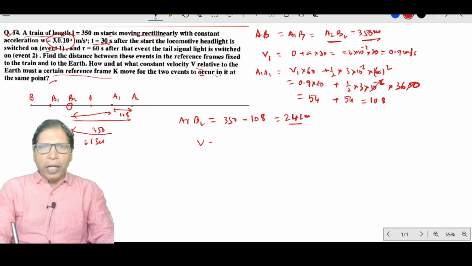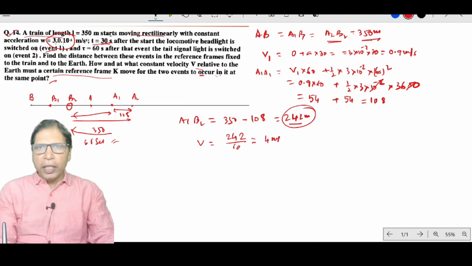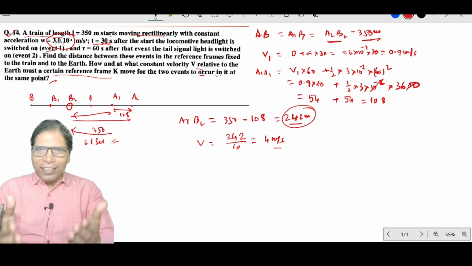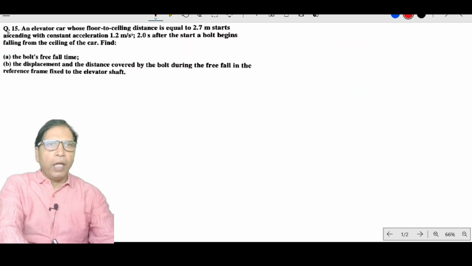Therefore, velocity of the reference frame is the distance traveled, 240 meter, divided by time 60 second. So this is 242 divided by 60, roughly 4 meter per second. Okay, understood?